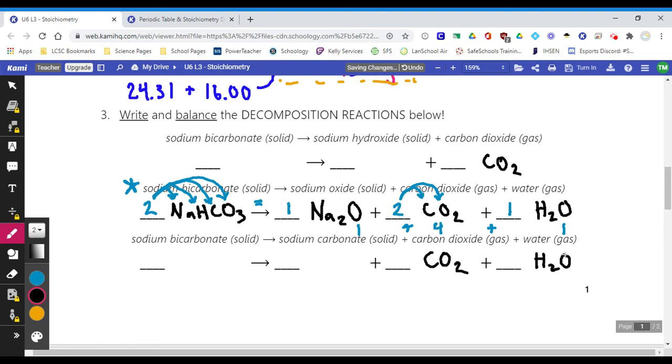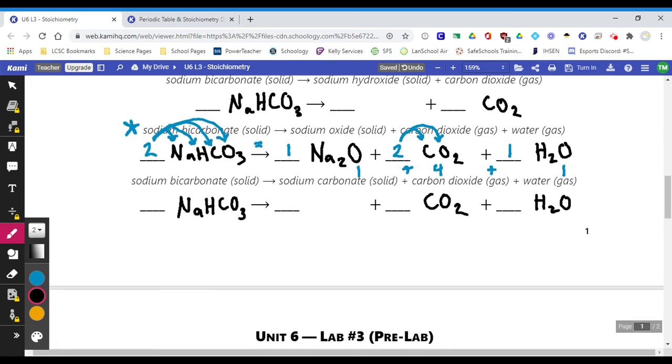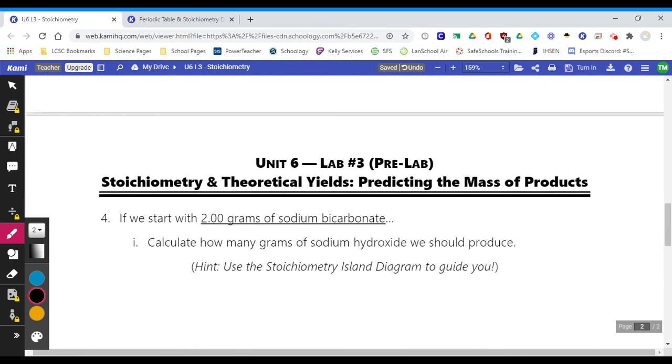And in each of these cases, we're starting with the same reactant, sodium bicarbonate, NaHCO3. So for the other two reactions, you just have to figure out what sodium hydroxide is and what sodium carbonate is, and then balance those reactions. Hopefully that saves you a little work. Use what you already figured out. Don't reinvent the wheel every time.